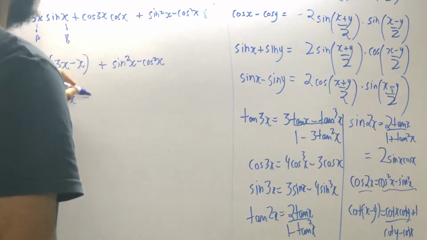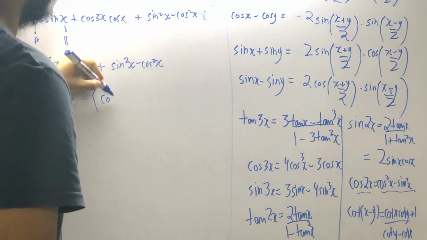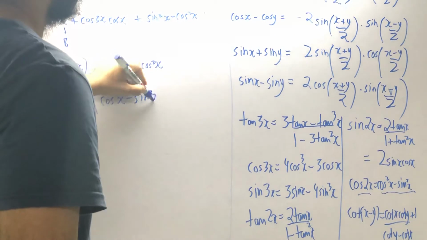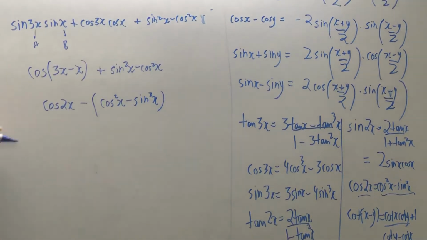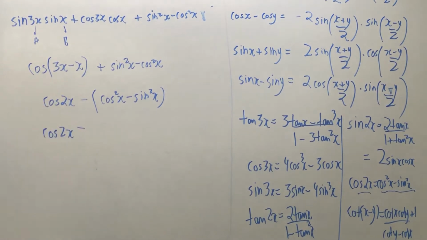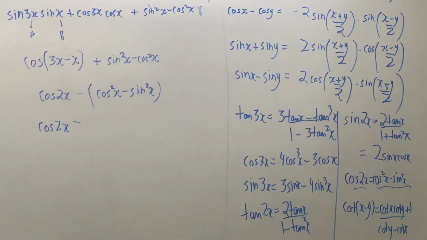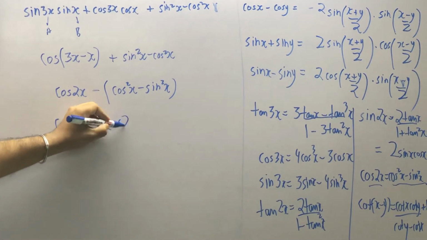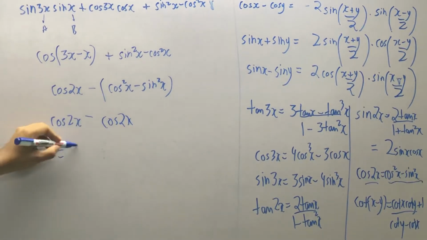So what will I do? I will just take a minus common. So what will it become? Minus (cos square x minus sin square x). Now cos 2x minus (cos square x minus sin square x), and cos square x minus sin square x is cos 2x. So just write cos 2x minus cos 2x. This is 0.